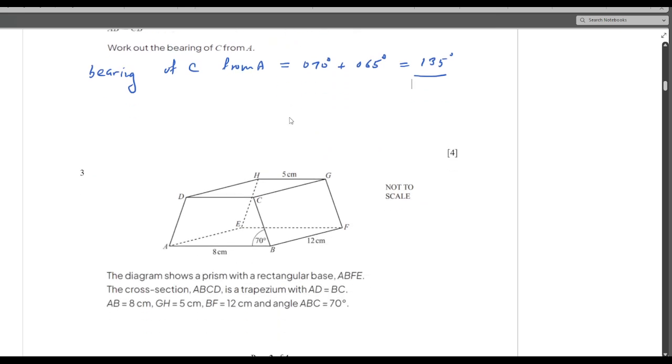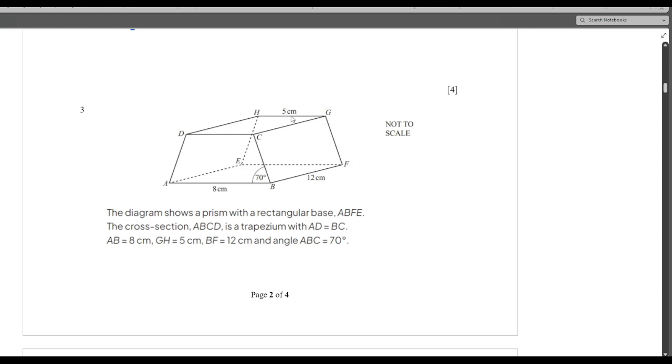Okay, now question number 3. The diagram shows a prism with a rectangular base ABFE, not AF. The cross section ABCD is a trapezium with AD equal to BC. So all the information is very, very important.